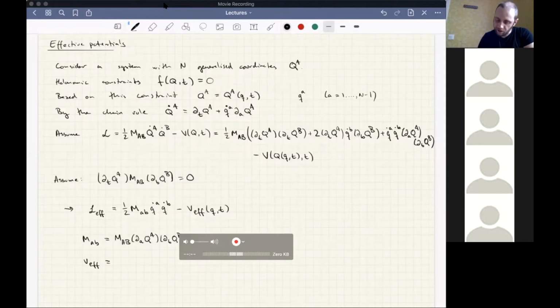So this effective potential is the original potential minus 1/2 M_AB times the partial time derivative of Q^A times the partial time derivative of Q^B. So this is the effective inertia.